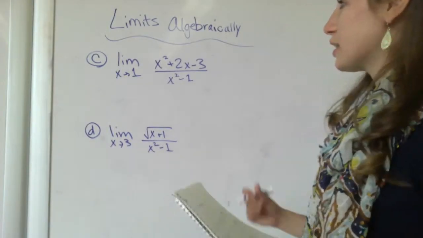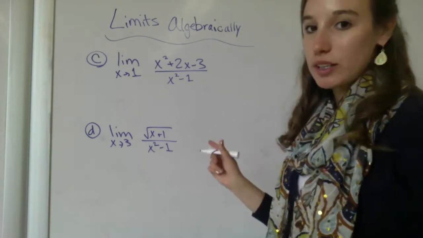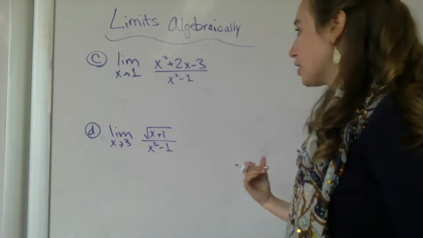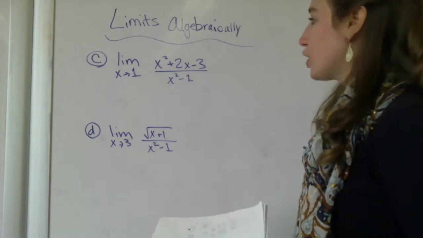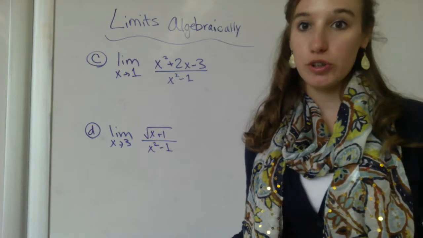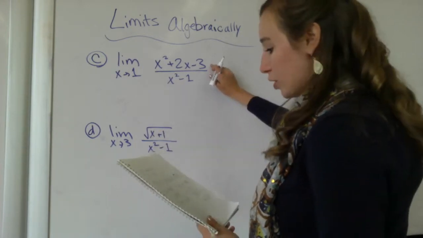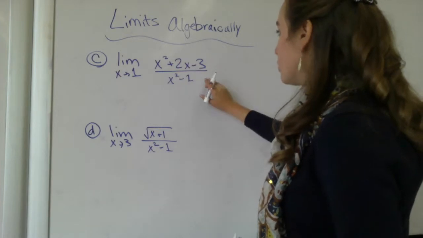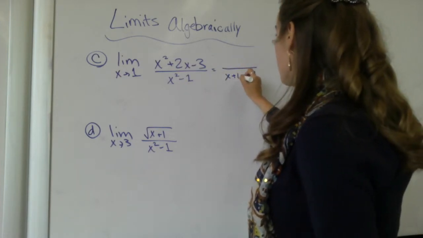So our next example, example C, is the limit as x approaches 1 of x squared plus 2x minus 3 all over x squared minus 1. So for these kinds of problems, you have to break it down to find how your limit approaches your equation. So basically, you know you can break the top down, and you know you can break the bottom down. The bottom breaks down to x plus 1, x minus 1.